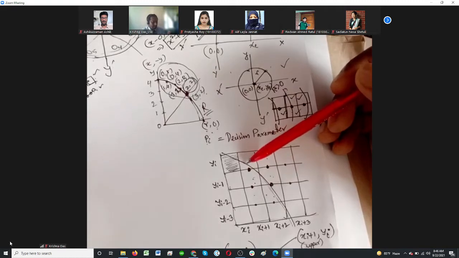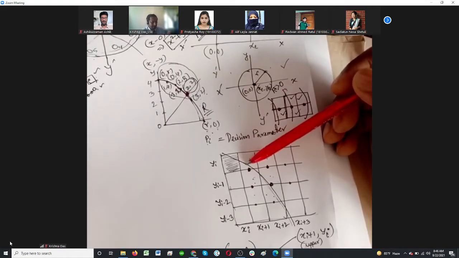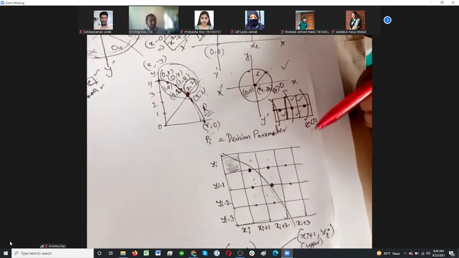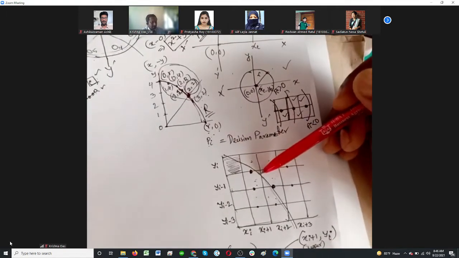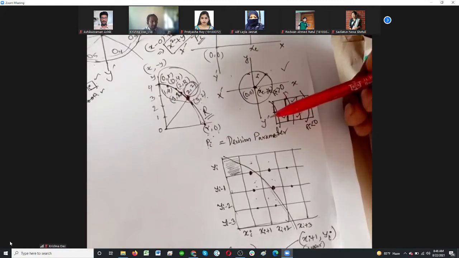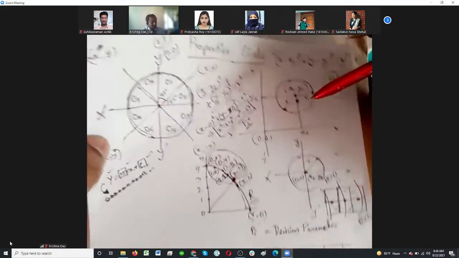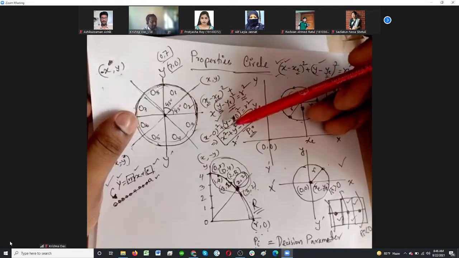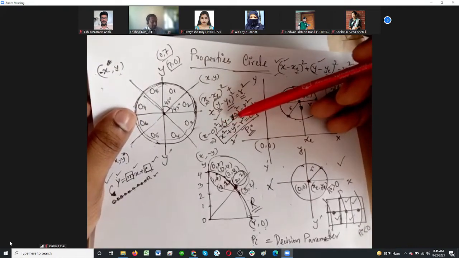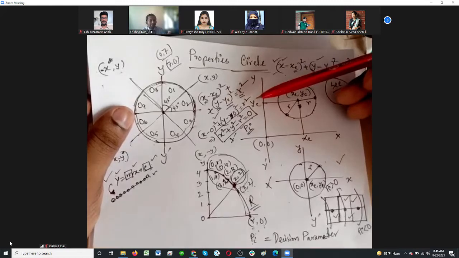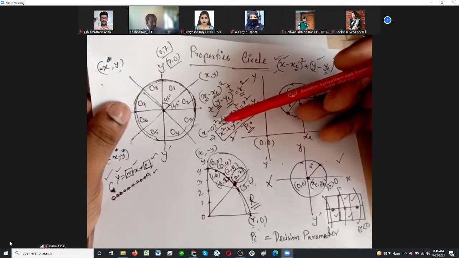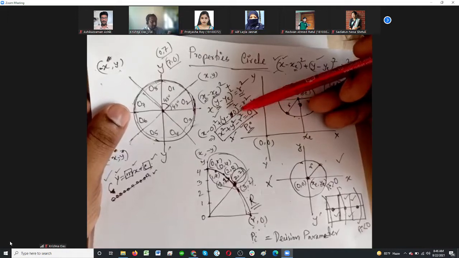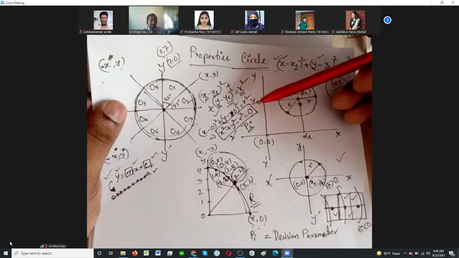What we have implemented here is, as in Bresenham we used the generic line equation, here we consider the generic circle equation: (x minus xc) square plus (y minus yc) square equal to r square, where xc and yc are the center point values and r is the radius.